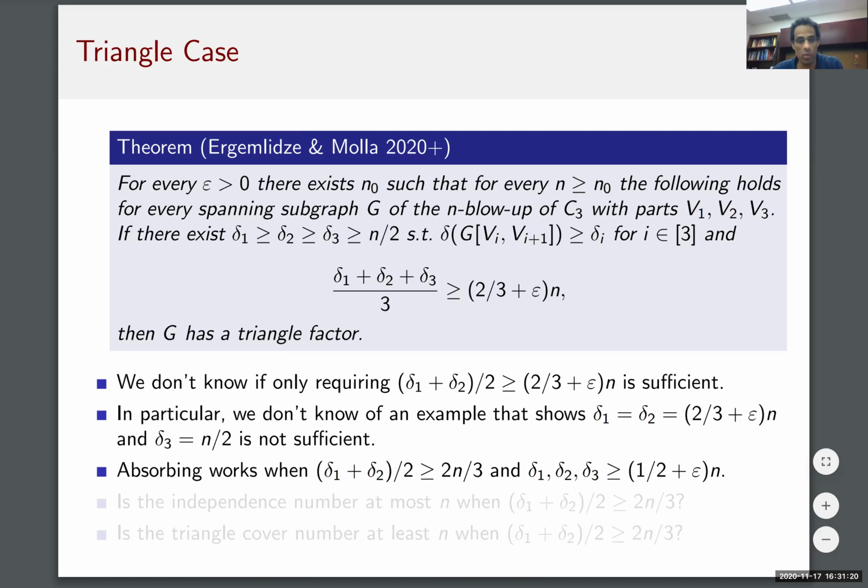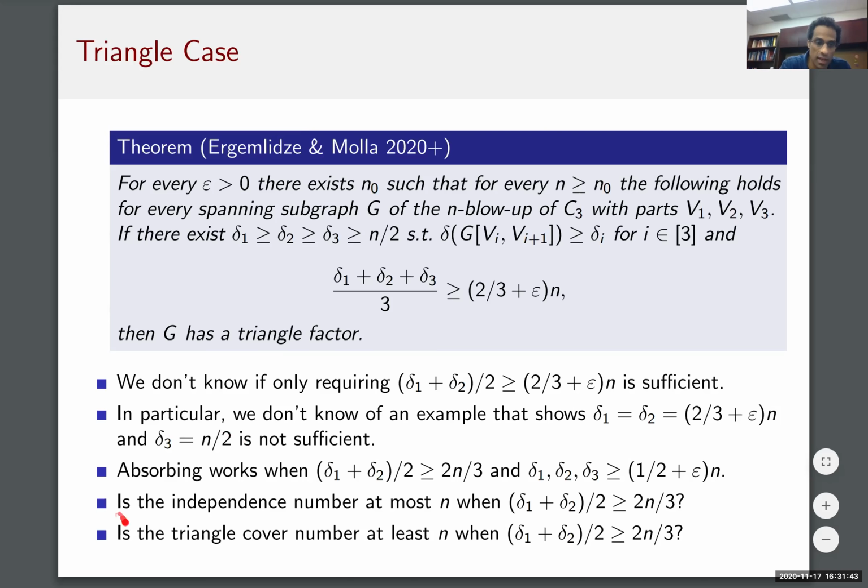What would be the normal way to try and do that? Try to find an example where the independence number is greater than n. Could you find something like that with these conditions? Well, it's kind of trivial to show that you can't. The independence number still must be at most n.